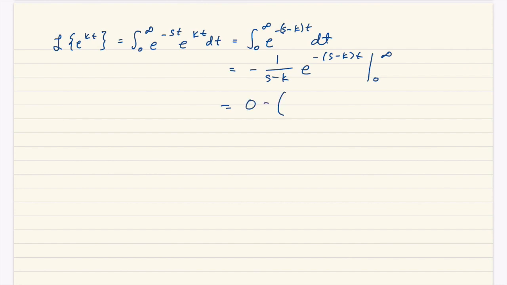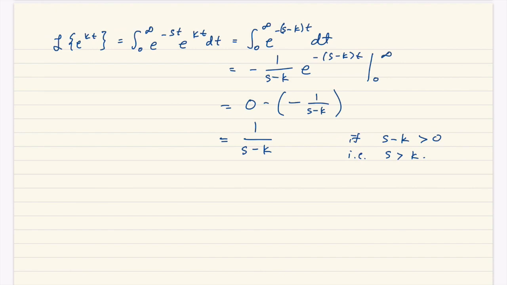And when t is 0, we get negative 1 over s minus k. So this is going to be 1 over s minus k. This only works, by the way, if s minus k is positive, or in other words, when s is greater than k. So that's the valid range for that Laplace transform.